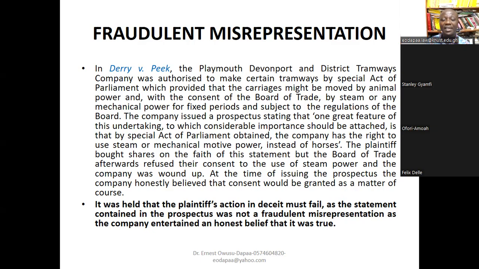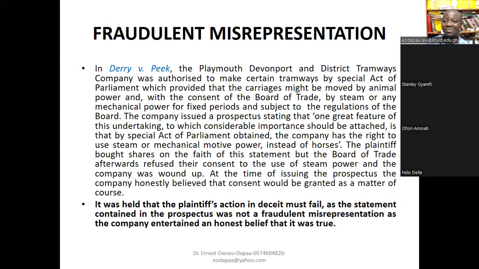Now, the plaintiff in Derry and Peek bought shares on the faith of this statement that the company had been given the power to use mechanical or steam power to run its carriages. However, the company was later refused the consent by the government department to use steam power. The company came under so much distress that it folded up, it wound up.